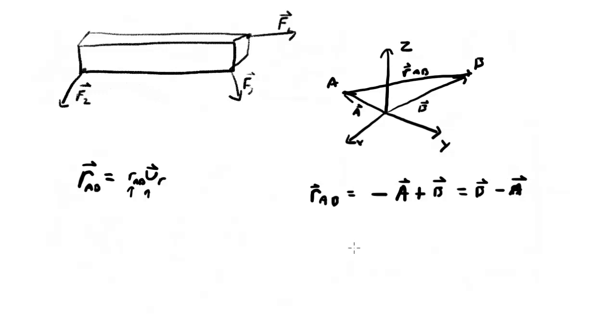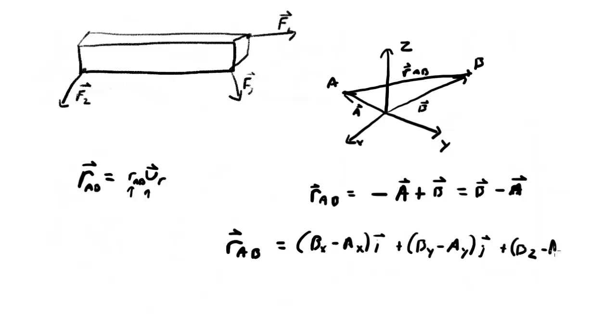Expressing A and B in Cartesian notation and doing the math results in a simple formula to calculate the position vector that describes how to get from point A to point B: Bx minus Ax in the I direction, By minus Ay in the J direction, and Bz minus Az in the K direction.